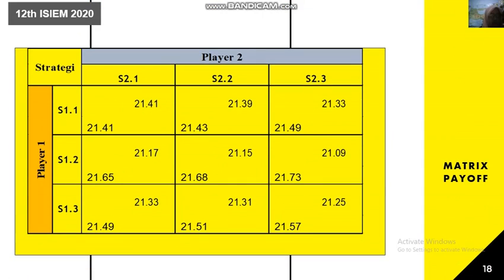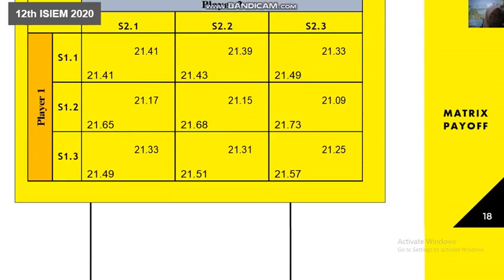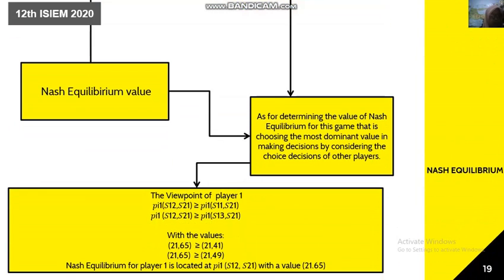After knowing the results of the relative and the absolute scoring, the next step is to make the payoff matrix. This table shows the results of the payoff matrix. Last is the equilibrium, to choose the most dominant value by considering the choice of the other player.